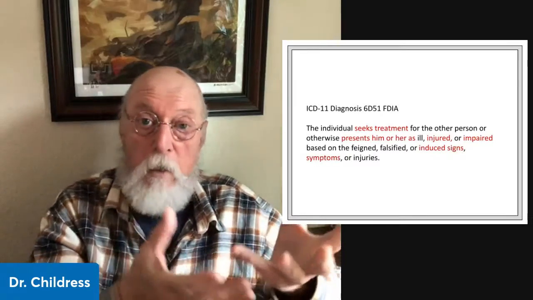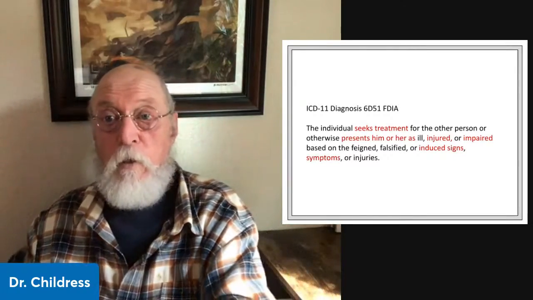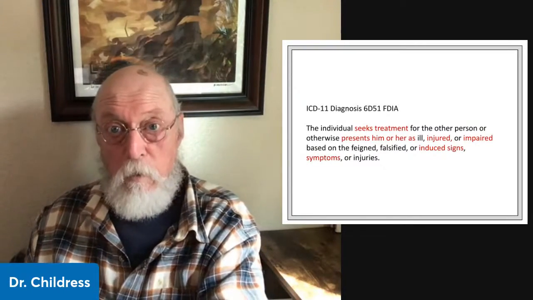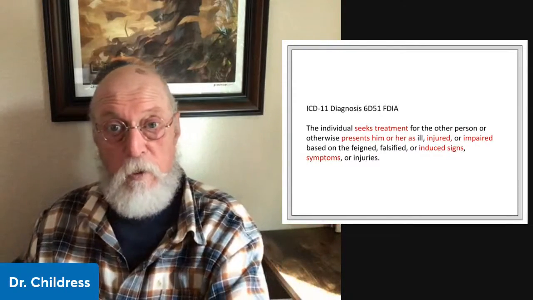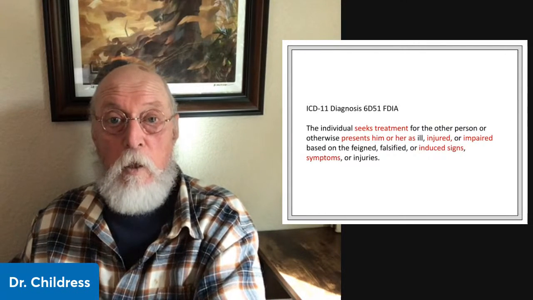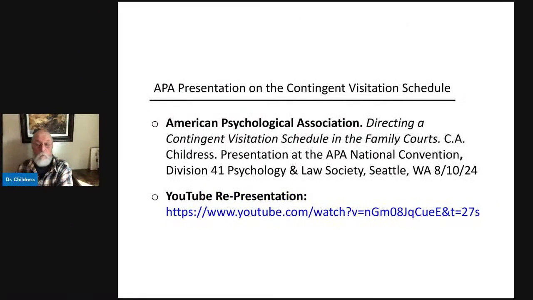They're presenting the child as injured and impaired, seeking treatment or court orders to protect the child because of the induced signs and symptoms of the attachment pathology that's false. It's a factitious attachment pathology. So those diagnostic criteria are met. If there's no child abuse by the targeted parent, then it's a factitious attachment pathology.